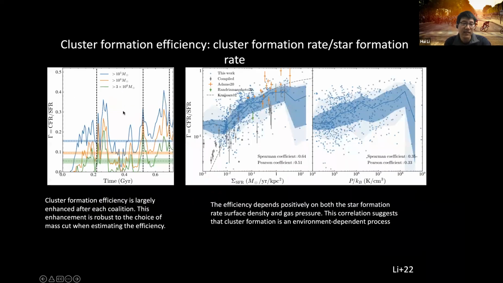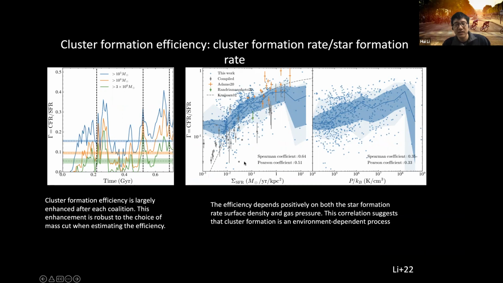And we also calculate the time evolution of the cluster formation efficiency. You can see that there are some distinct peaks of this cluster formation efficiency during this idealized simulation. And these peaks correspond to the first passage of the merger, then the second passage, and the final coalescence.